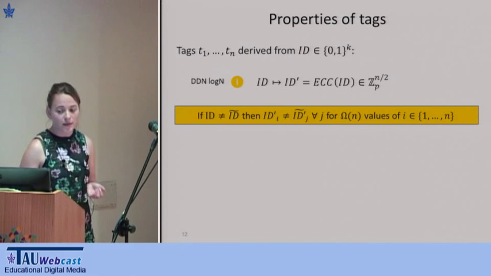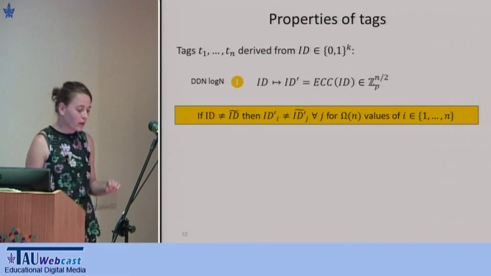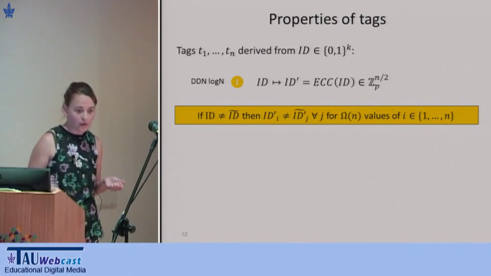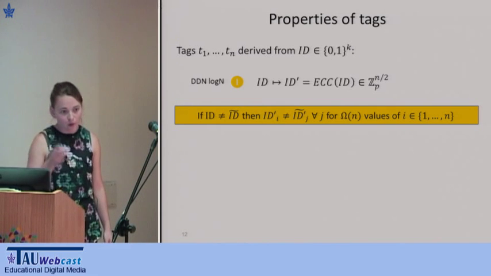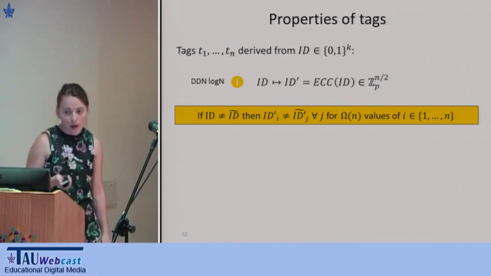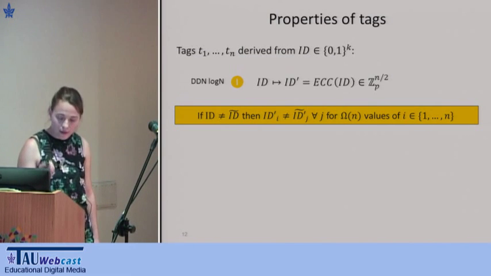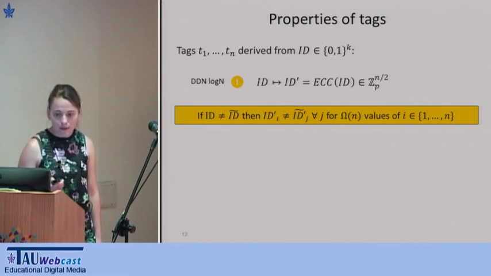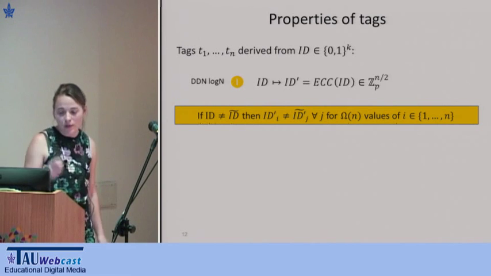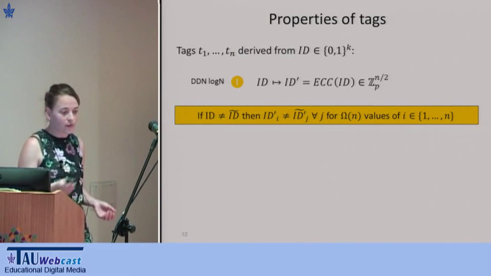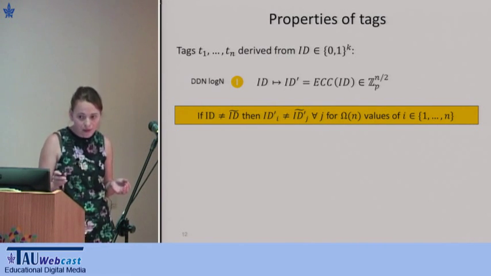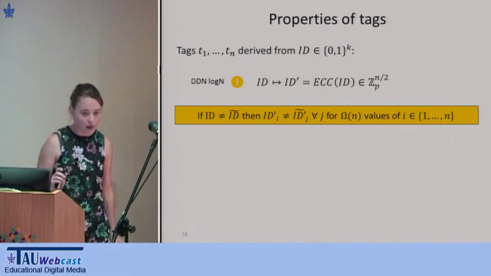If 2 identities are different, then when we look at the code words after the error-correcting code, a constant fraction of the entries will be different from all the entries of the other ID and vice versa. This is similar to the DDN log n trick, but instead of having at least one entry that is different, we're guaranteed to have a constant fraction.